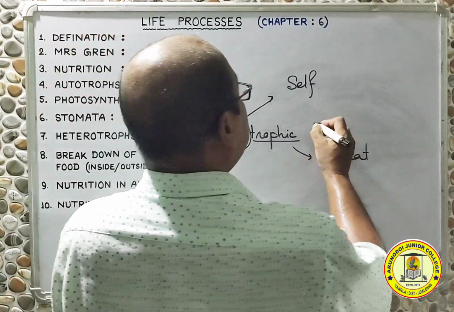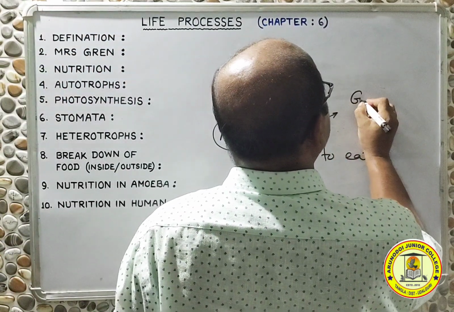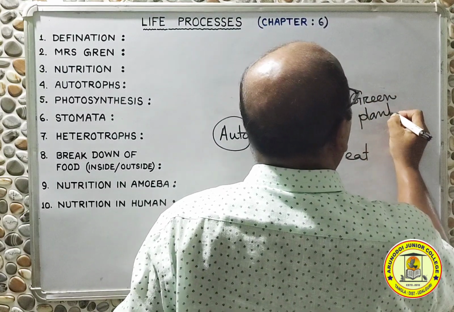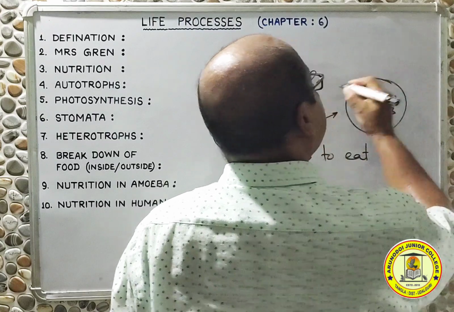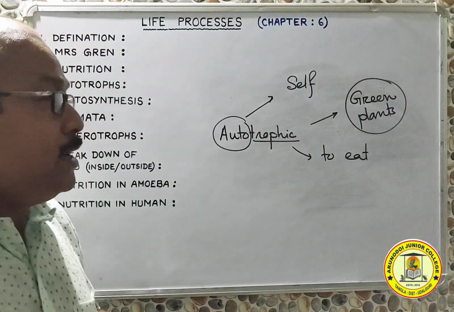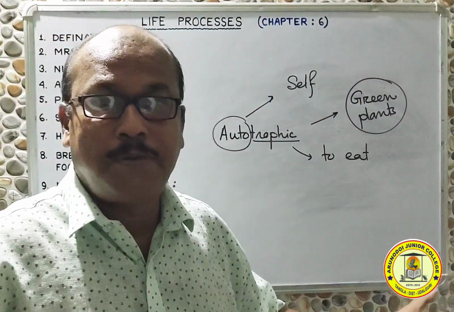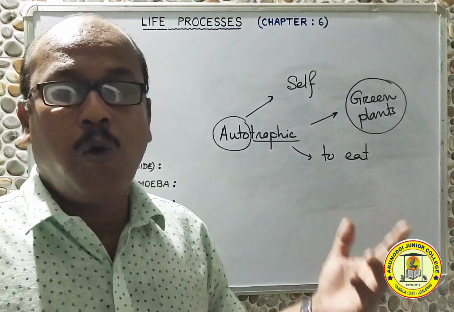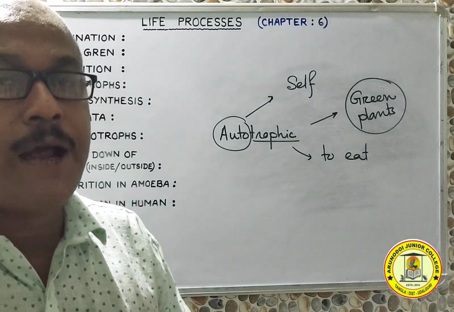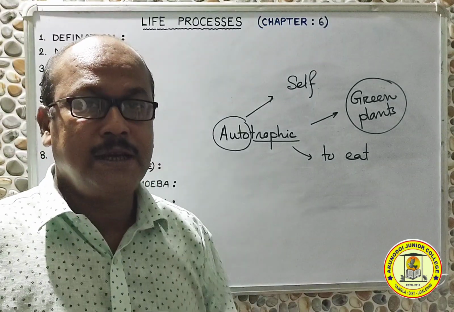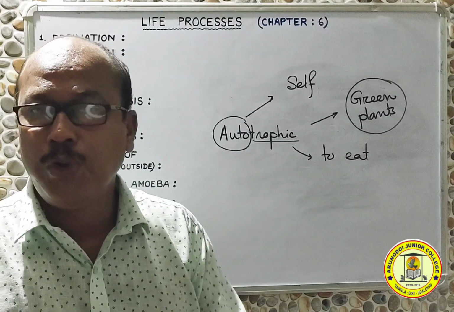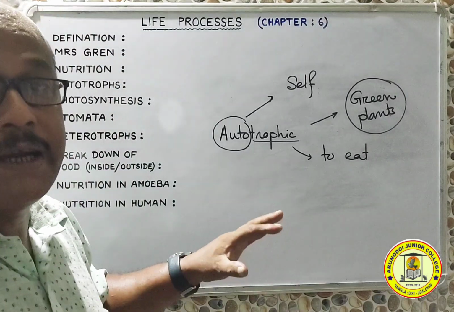Now autotrophic nutrition is exhibited by whom? That is the green plants. All the green plants can make their own food. You have come to know this in class 5, 6, 7, 8 many times that green plants can make their own food in the presence of sunlight by reacting carbon dioxide and water, as the green plants have chlorophyll in them, and therefore they can make their food.